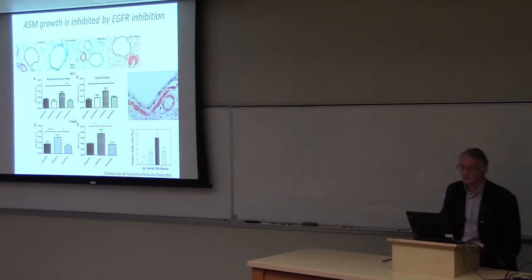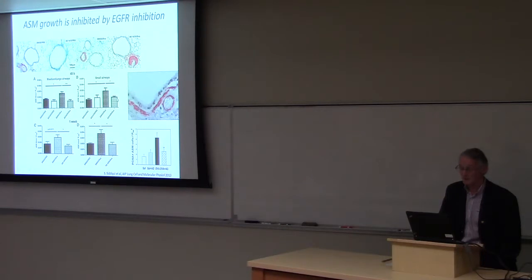So in small, medium and large airways, the muscle increased in mass after these allergen challenges. And the increase was blocked by preventing the epidermal growth factor receptor signaling using this AG1478 compound. So that brings the amount of muscle back down to the control level.